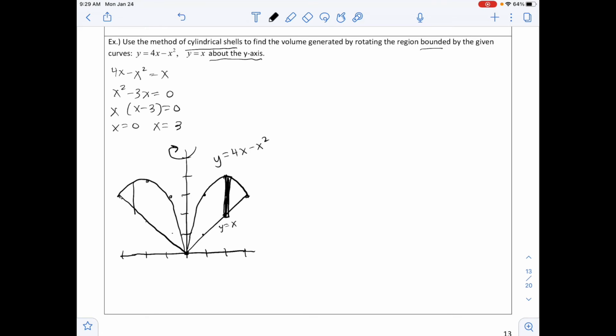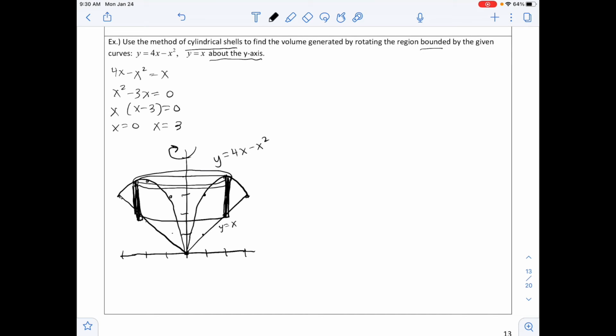And so this rectangle would have ended up over here also. And so as we rotated, this is going to make a cylindrical shell.